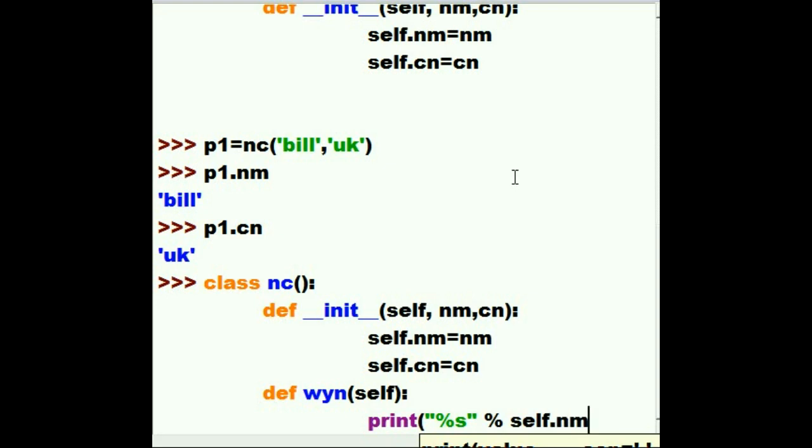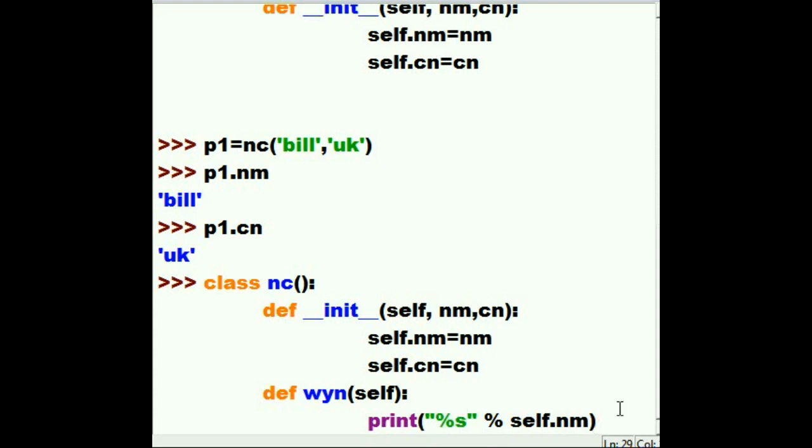Whoops, name, which is this guy over here. And the system is going to remember the value that was assigned to it previously. That is extraordinary. So self.name, which is Bill, is going to get substituted into this format specifier over here.